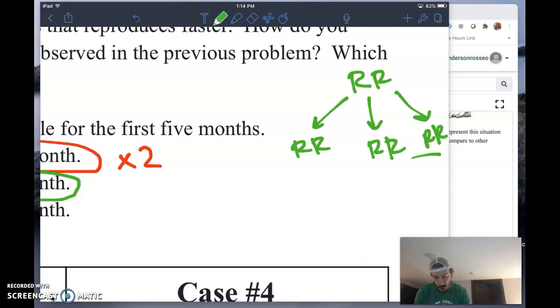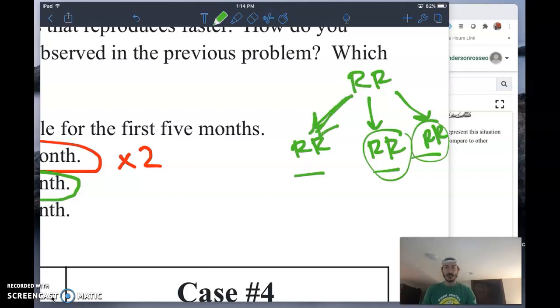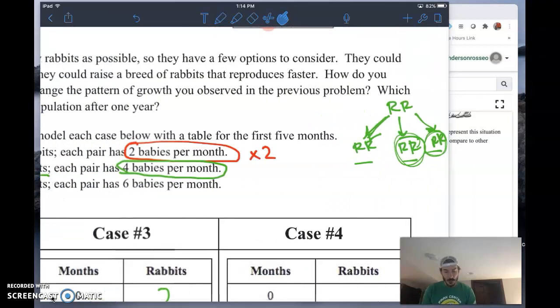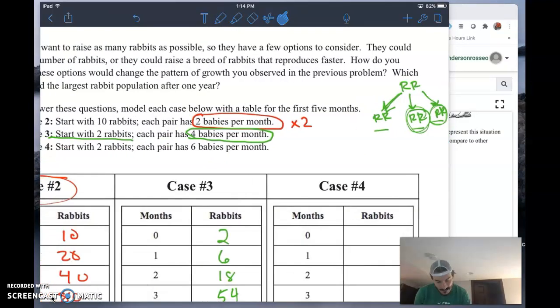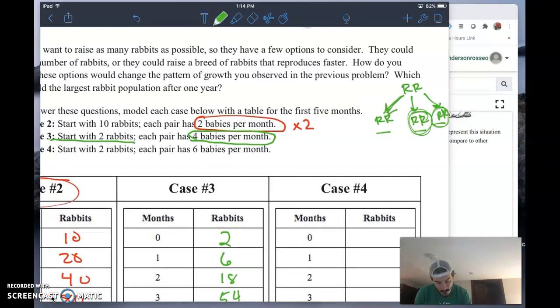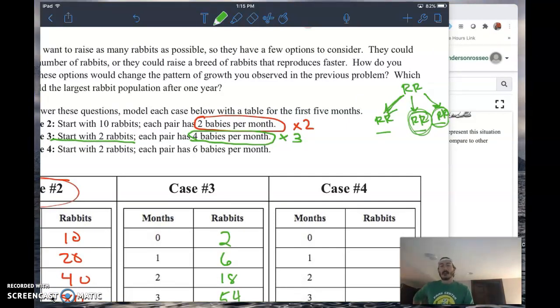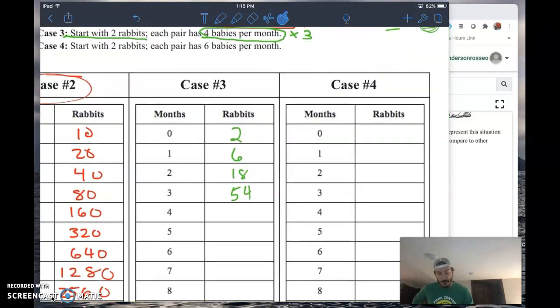And that's why we have a total of 6, right? Not 4 pairs of rabbits, just 4 rabbits total, right? So this is like the actual pair of rabbits. They just continued to live for 1 month, but then they would have these 2 and these 2. So we would have a total of 6. So it's almost like this is tripling.